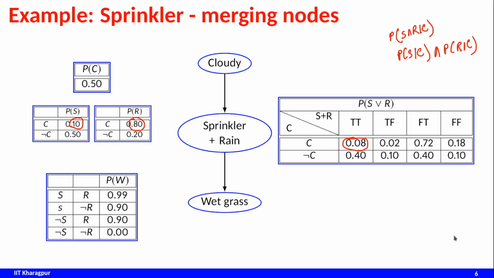Now similarly the other values can be computed in the same manner. Now when I have something as F, then I need to consider 1 minus that value, and I can actually figure that thing out.